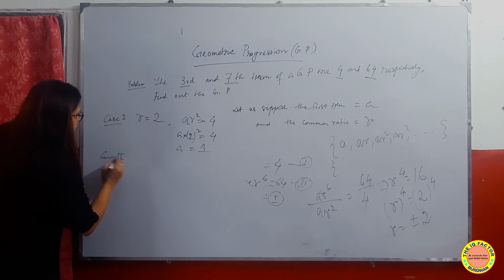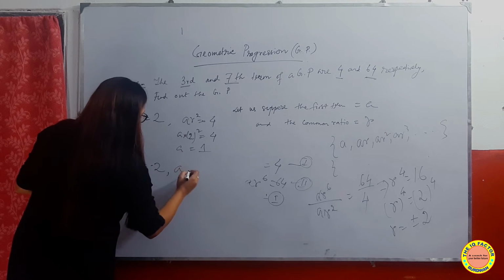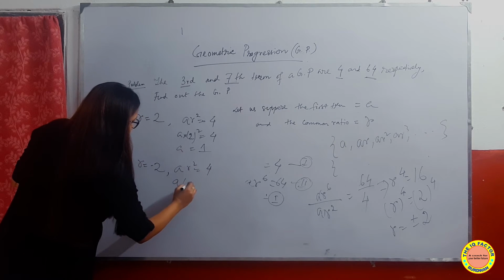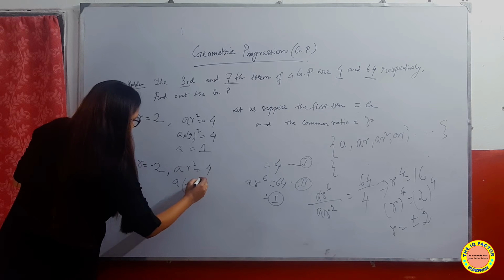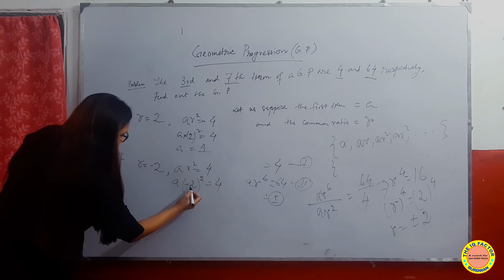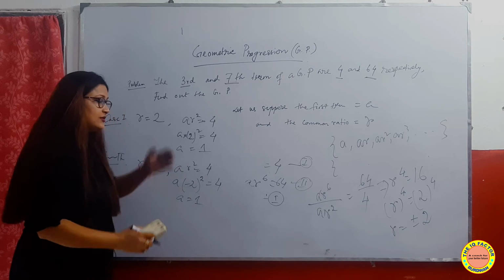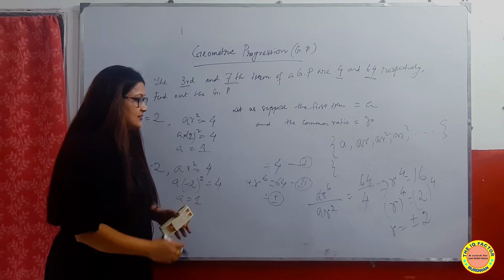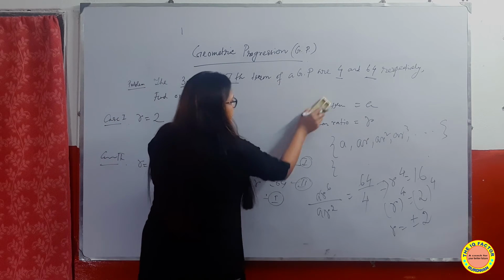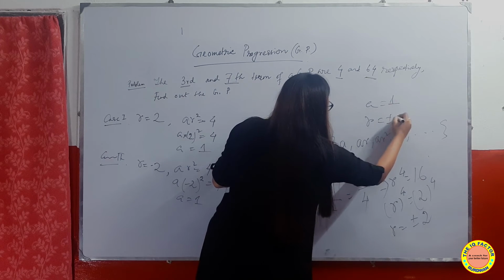And case 2, when r is equal to minus 2, ar square is equal to 4, that is minus 2 whole square is equal to 4, again 4, so a is 1. So the value of a is 1 and the value of r is plus minus 2.